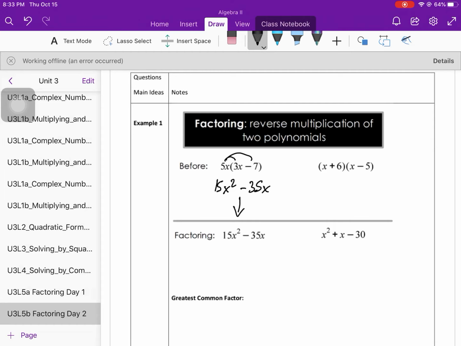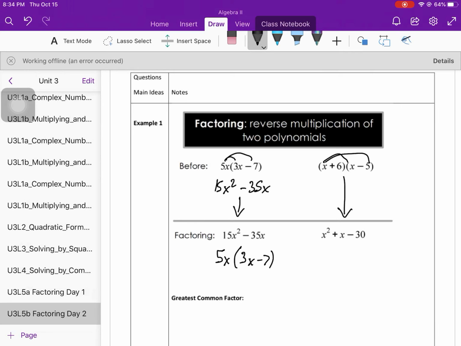The reason is because 15x squared minus 35x, the greatest common factor that we could pull outside of them is 5x. 5 is the largest number that goes into both of them, and x is the largest variable that goes into both. So then we would just be back to where we started, which would be 3x minus 7.